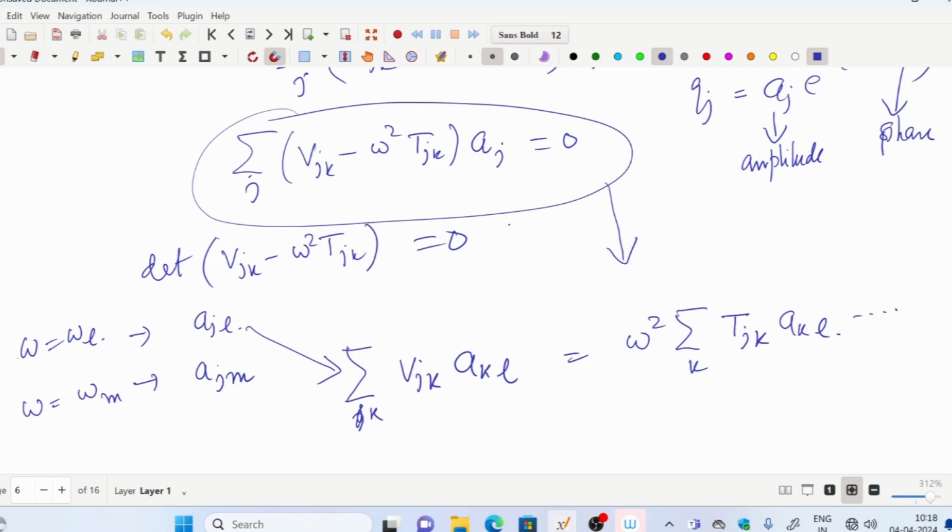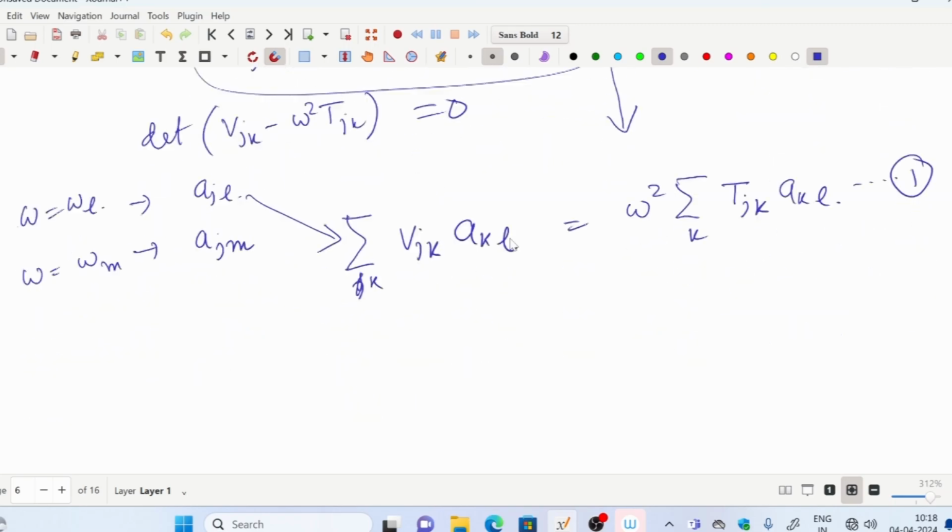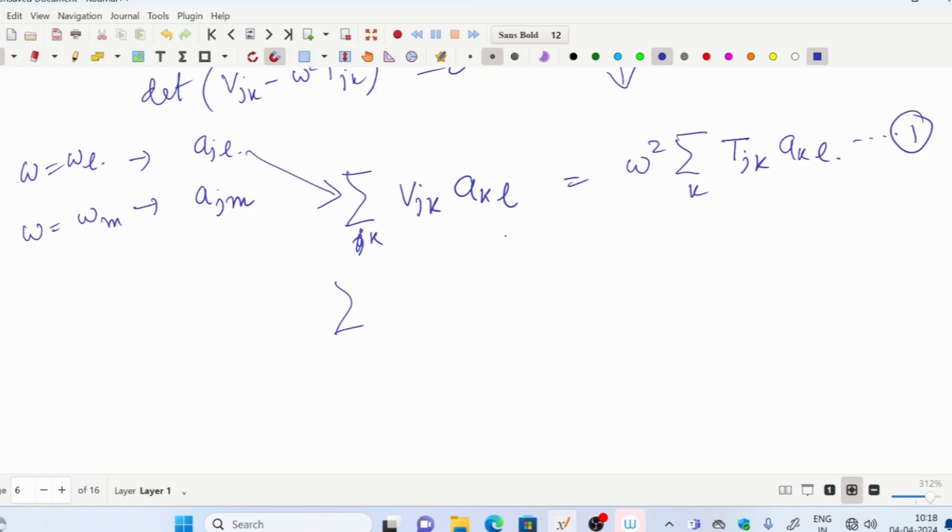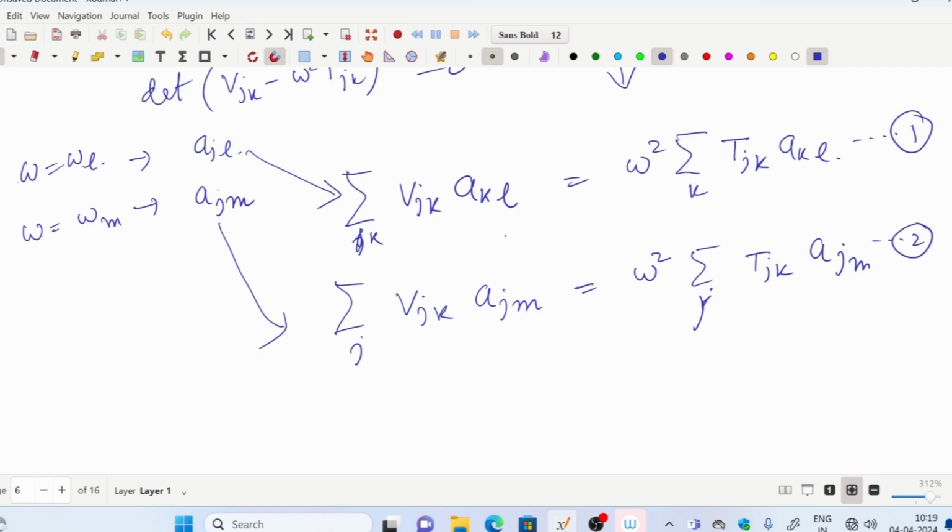So, let us denote this as equation number 1, and sum over j, when I write this equation for omega equal to omega m: sum over j V j k A j m is equal to omega m square sum over j T j k A j m. So, let us denote this with equation 2.